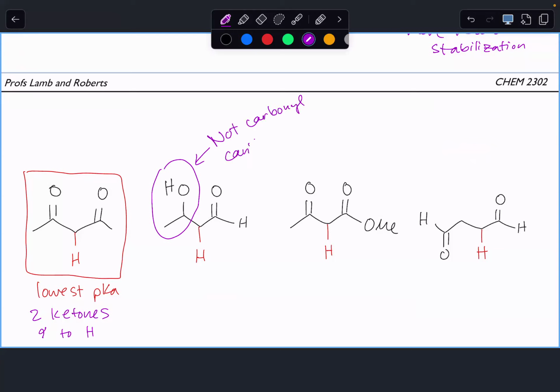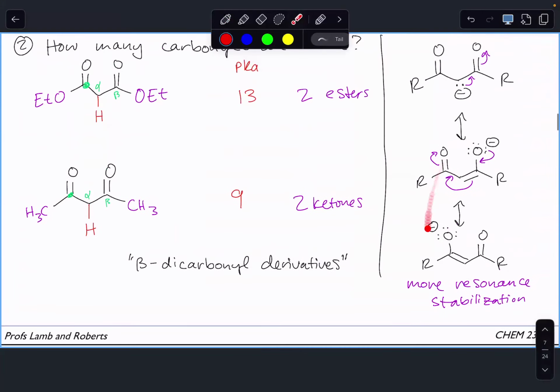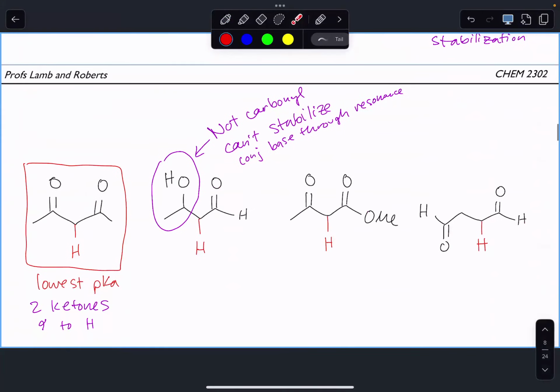So it can't stabilize our conjugate base through resonance, right? So how we drew these 2 resonance structures up here, an alcohol can't do that, right? So it's not just the presence of an oxygen or a heteroatom or something. You actually need a carbonyl. So that one doesn't work.